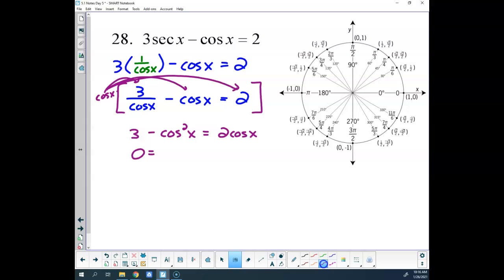Zero is going to equal cosine squared plus 2 cosine minus 3, if I move everything to the right side.